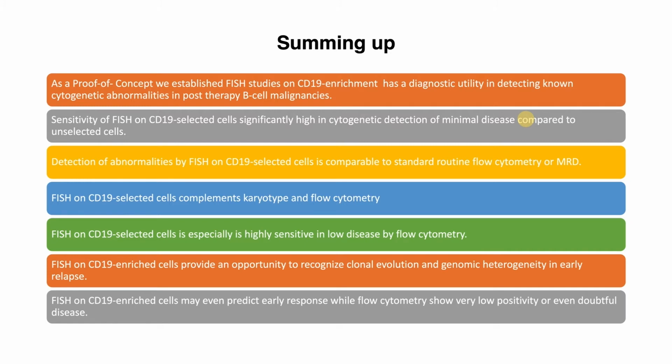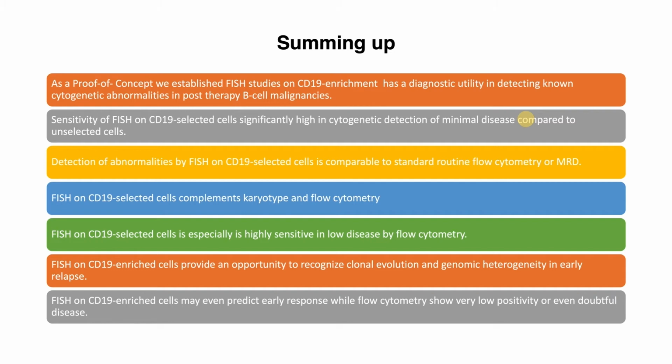So I would like to summarize what I have spoken so far. As a proof of concept, we established that CD19 FISH has diagnostic utility in post-therapy B-cell malignancies. The sensitivity of CD19 FISH is high in detecting minimal residual disease compared to flow cytometry. The results are comparable with standard flow cytometry, and particularly for low disease detected by flow, it is very useful.